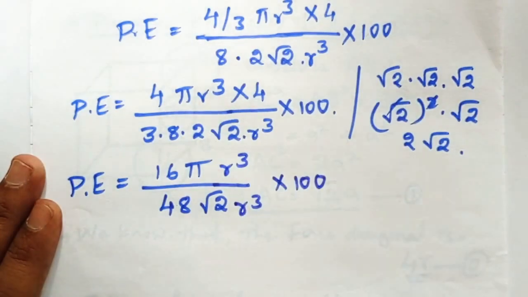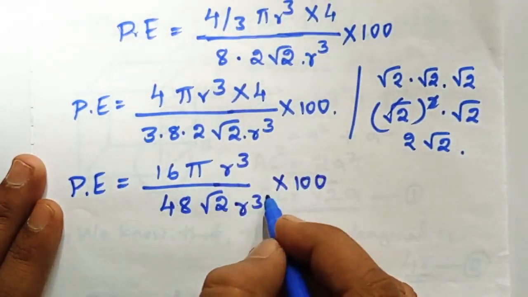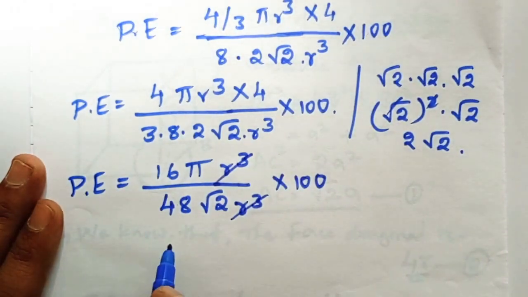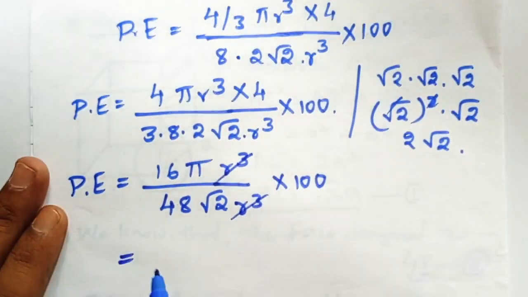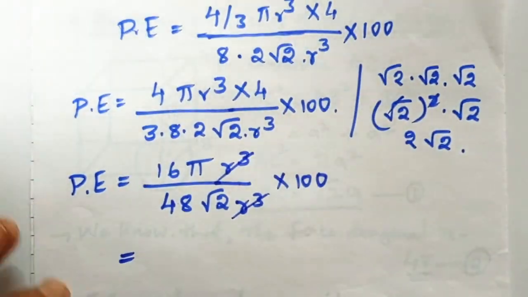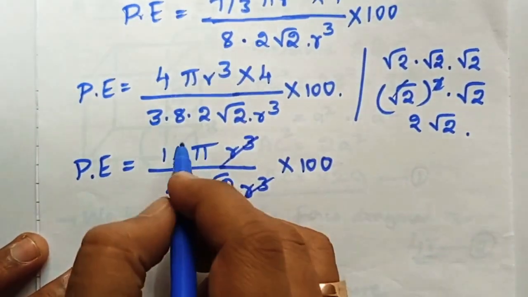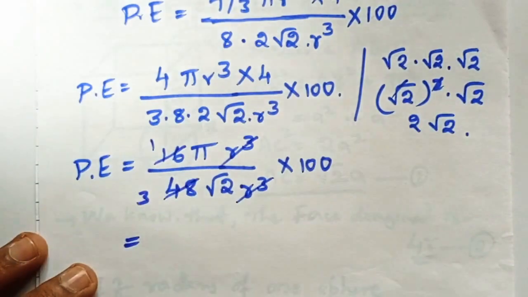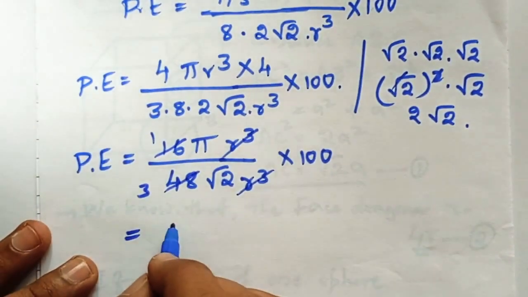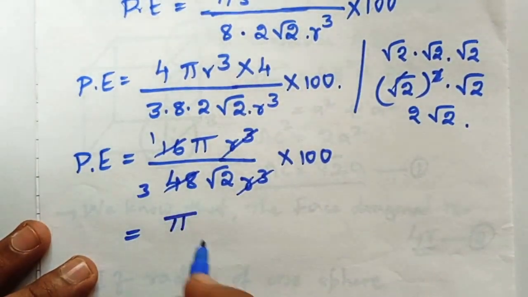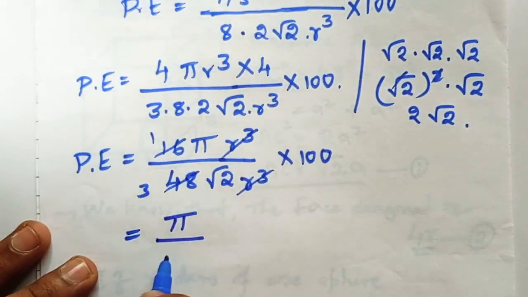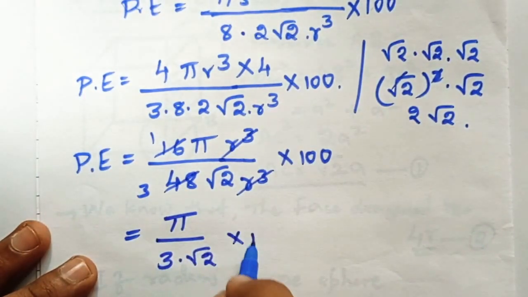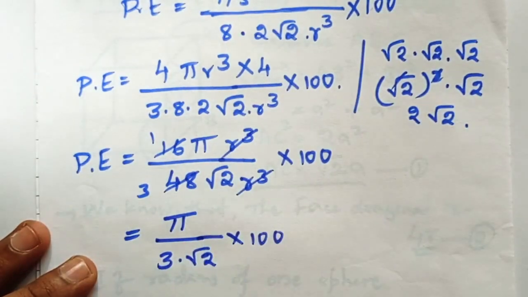Here r cube and r cube get cancelled, and the remaining is 16 pi divided by 48, that is pi divided by 3 root 2, into 100.